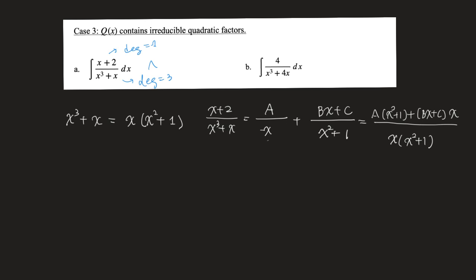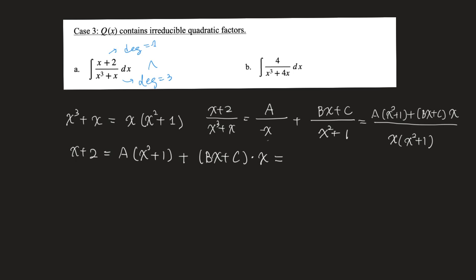So I'm going to show a different way to find A and B and C this time. Left side and right side should be the same. So we're going to see x plus 2 equals A times x squared plus 1 plus Bx plus C times x. Another way to find A and B and C is to expand the right side.